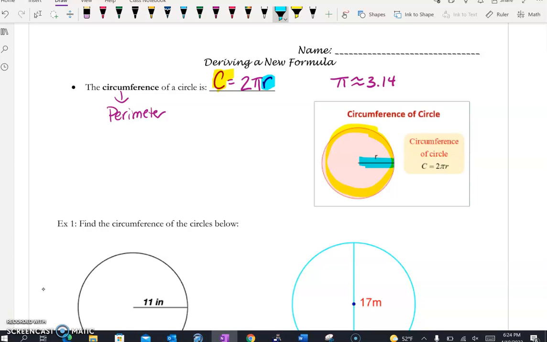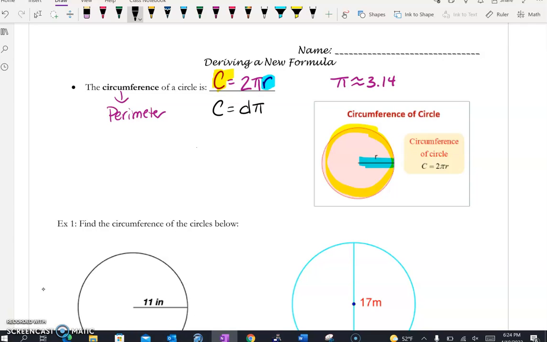If you were to measure a bunch of different circles with string and compare that measurement to 2 times pi times the radius, you would get the same thing every time. That is a true formula. So you can test it if you are curious. Another way to write the formula as well is diameter times pi.